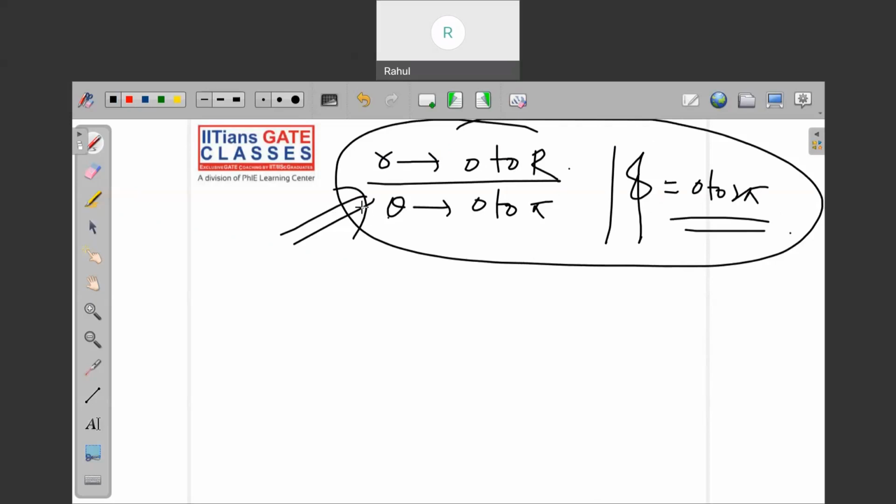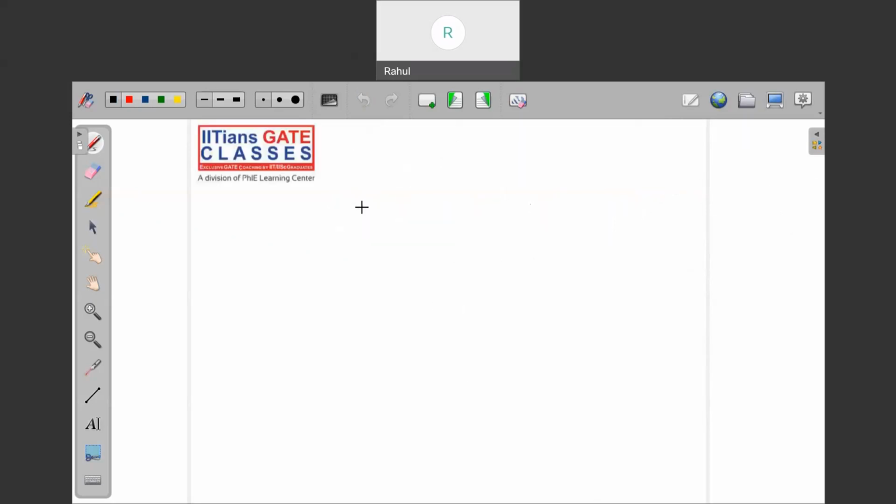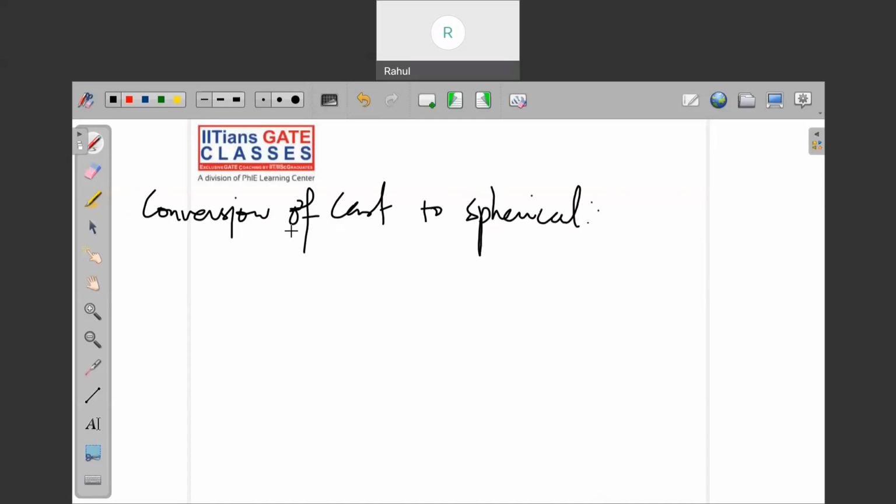So conversion of Cartesian to spherical, how can we write it?